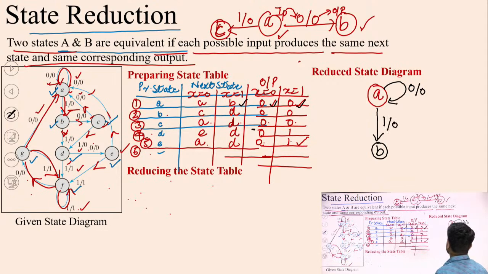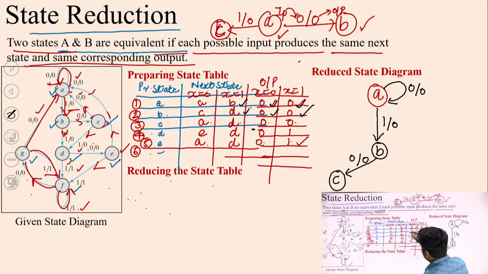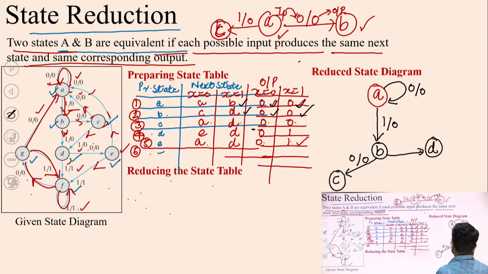So these are the two branches possible from A. Similarly, check the second row B. If you get X is equal to 0 in B, you will reach state C, and output is also 0. And if you get input as 1, you will reach state D, and output is also 0.